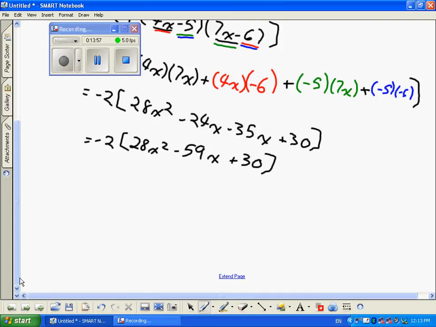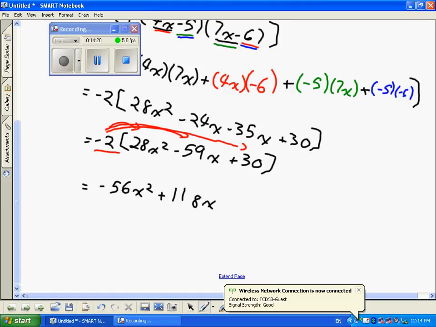This goes back to our first example, distributive property. I have to multiply negative 2 by every term inside. So, negative 2 times 28 is negative 56x squared. Negative 2 times negative 59 is positive 118x.